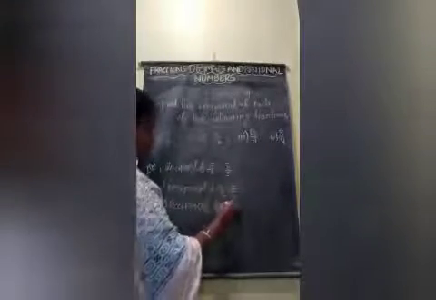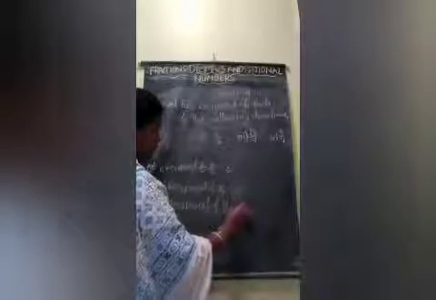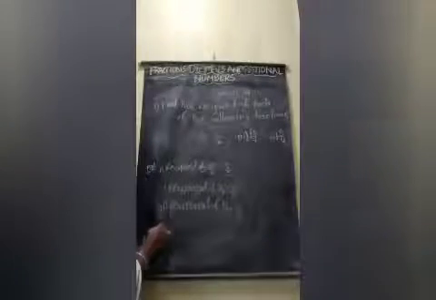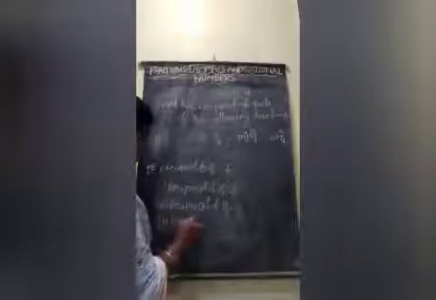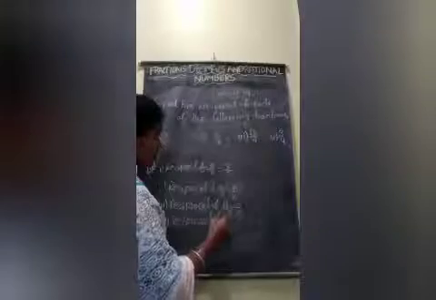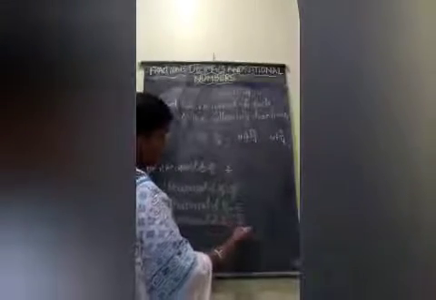The reciprocal of 13 by 7 is 7 by 13. Last but not least, the reciprocal of 3 by 4 is 4 by 3.